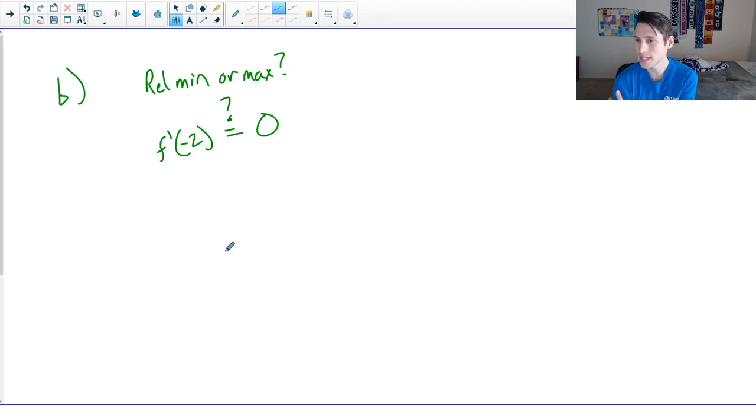Is that derivative at -2 equal to 0? If it is, then we can move on to determine if it's a relative min or max. If it's not, then it's neither.